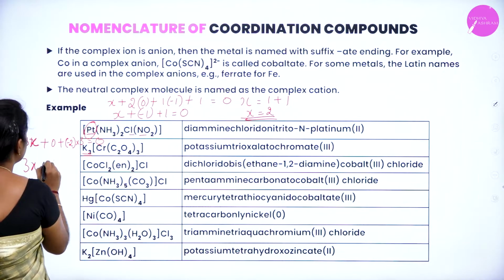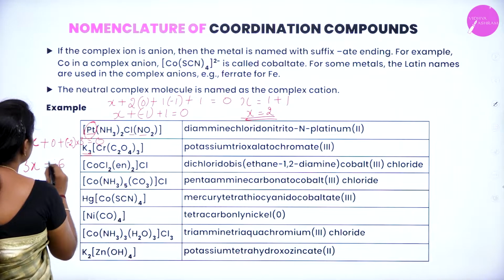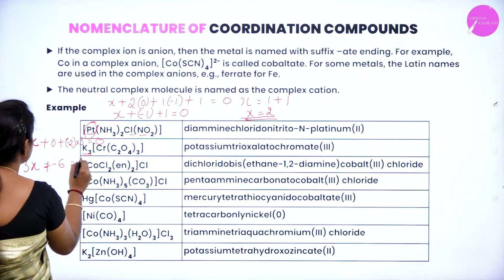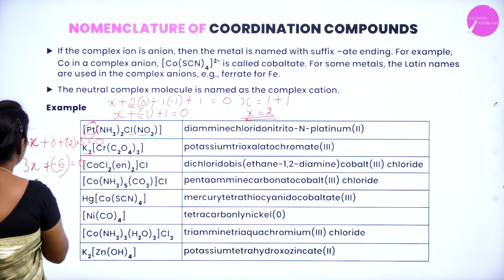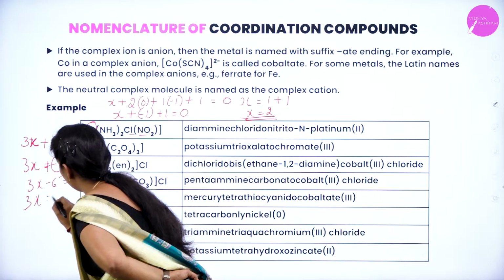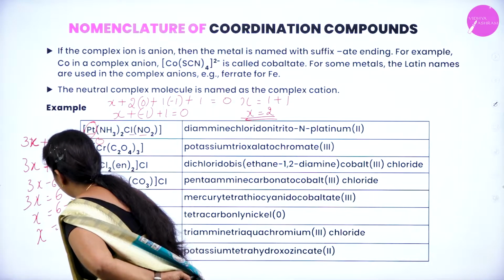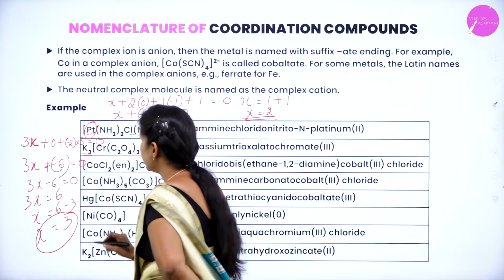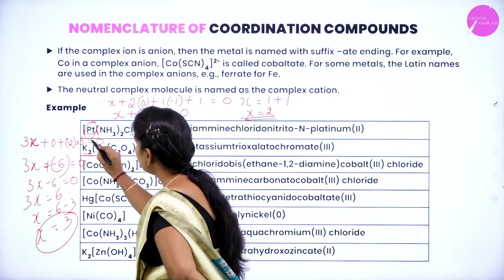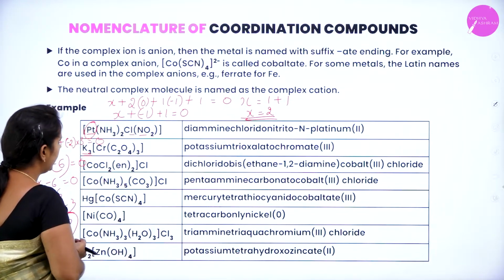So 3x plus minus 6 is equal to 0, and 3x minus 6 is equal to 0. 3x is equal to 6. X is equal to 6 by 3, which is equal to 3. So in this example you can say that chromium has a plus 3 oxidation state.